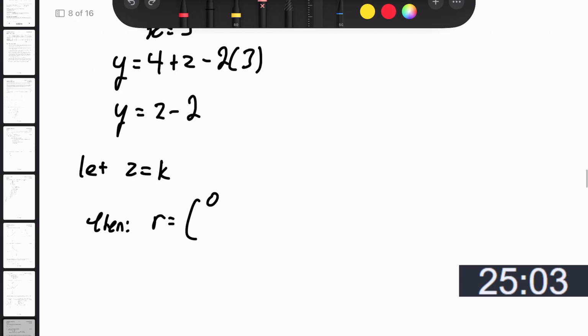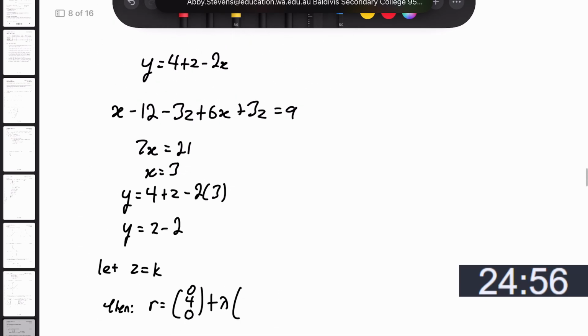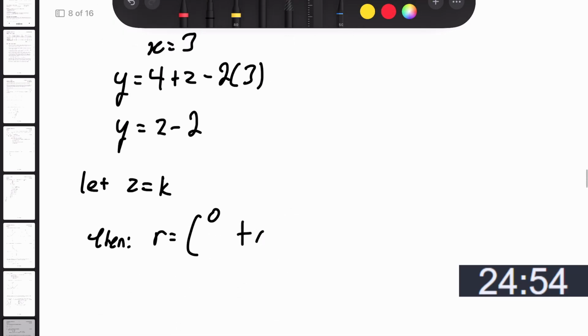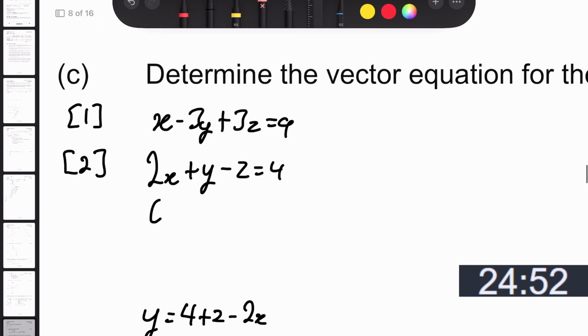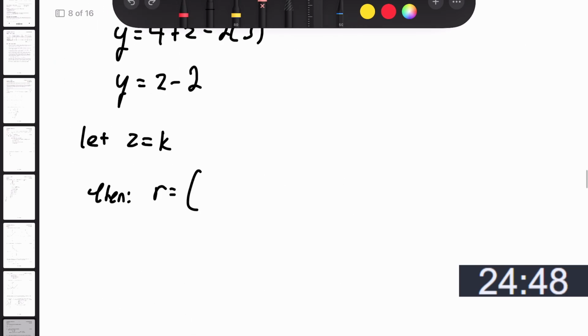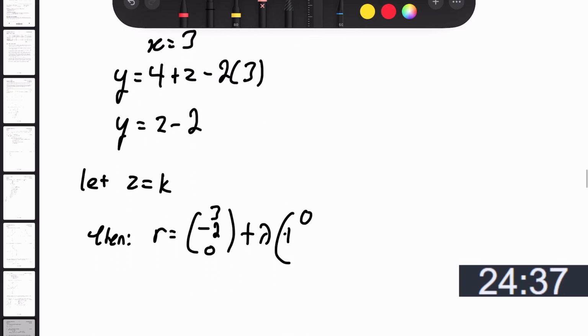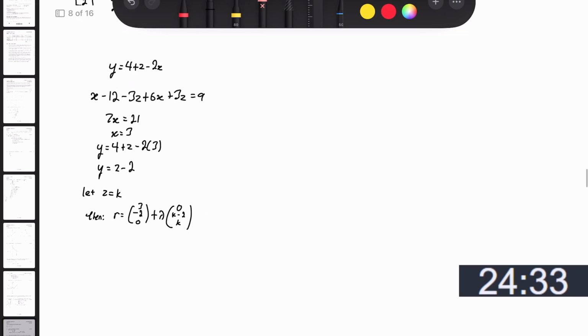So 4, 0, plus lambda of... well, x is 3, so it doesn't actually move. Oh, okay. So if x is 3, this is 6. So then let's say that y is negative 2. So 3, negative 2, 0, plus lambda. Now, x doesn't move. Y moves with k minus 2, and then that's just going to be k.